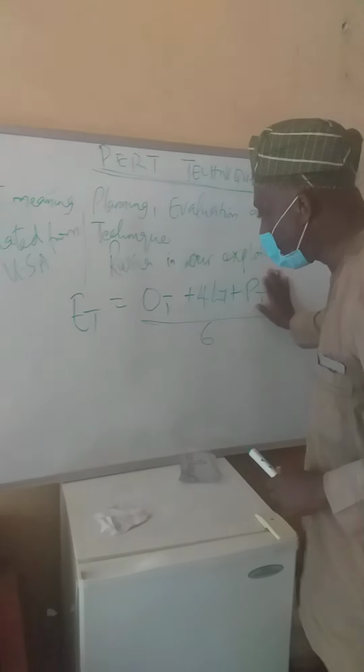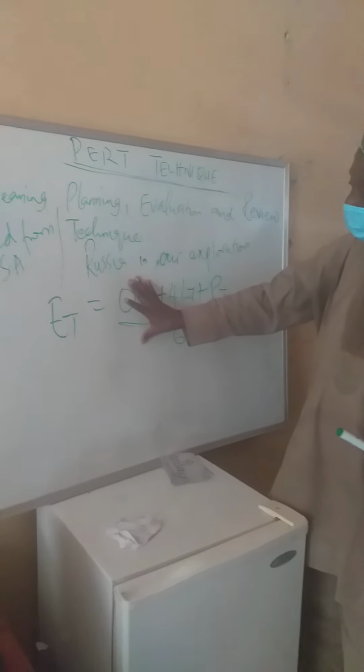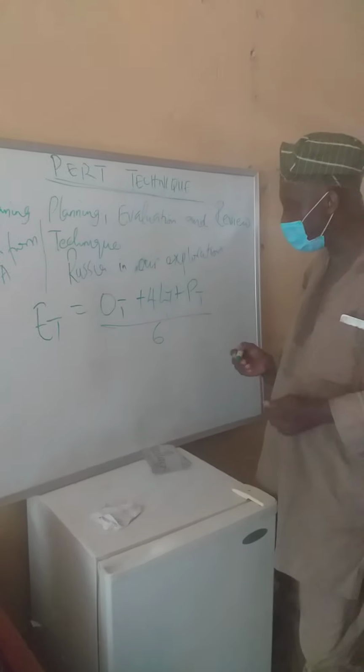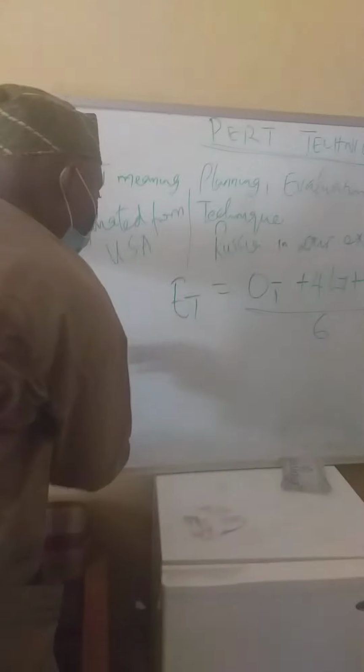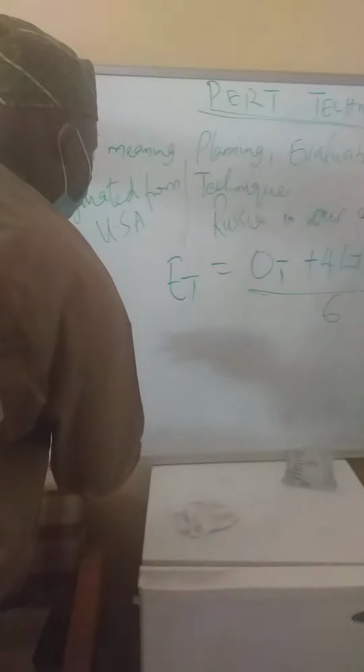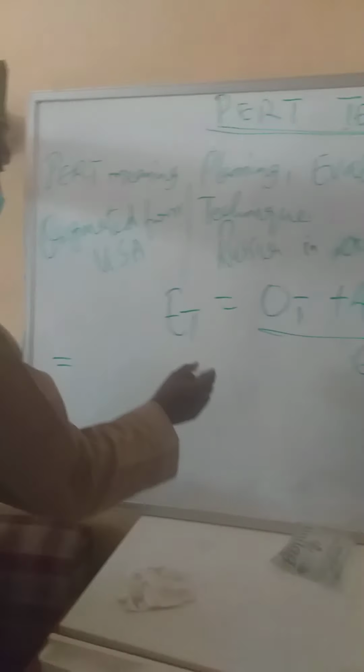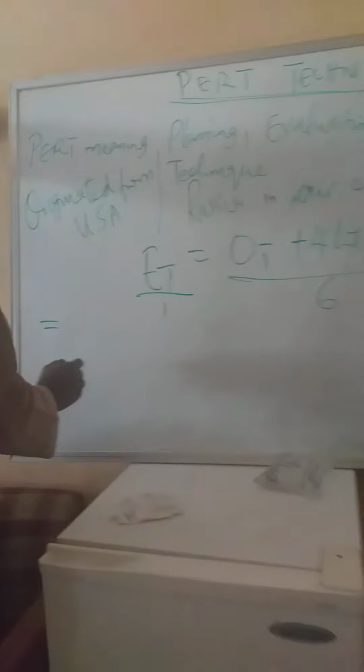Assuming I want to make OT the subject of the formula, what we need to do is cross multiply. This one is also over 1.